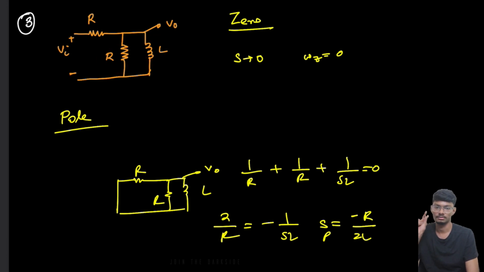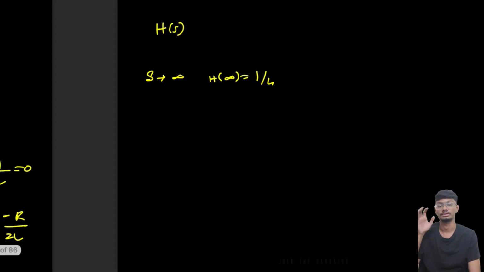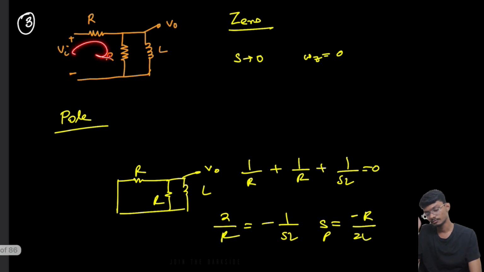A finite resistance in parallel with infinite impedance, we will only get this finite resistance, right? So these two are in series, hence there will be a voltage divider, hence this output will be Vi by 2. Simple voltage divider. So what is the gain? Gain is basically equal to 1 by 2. It's not Vo by 2, it's Vi by 2.